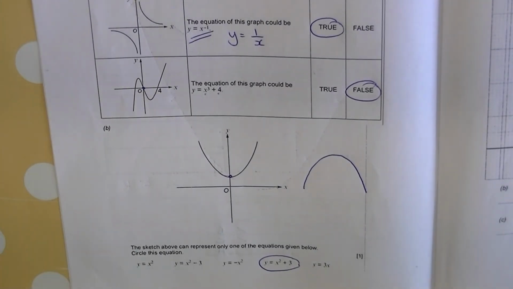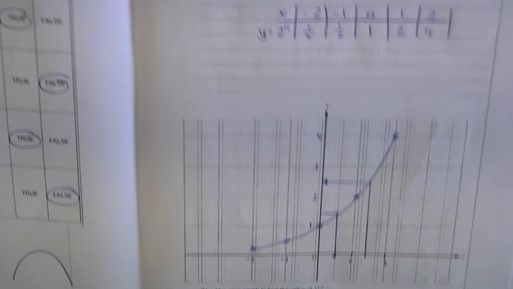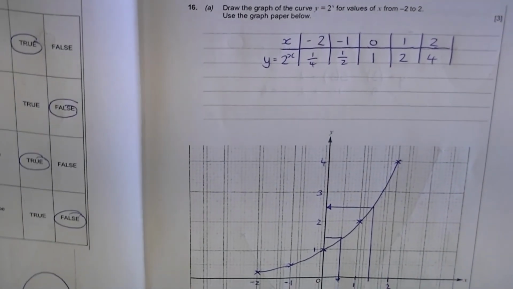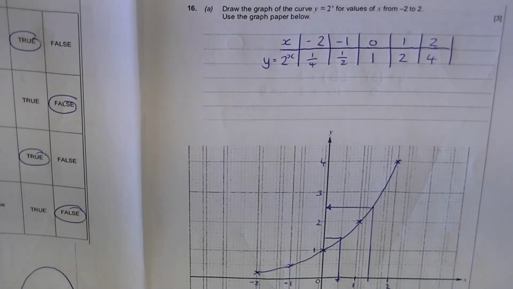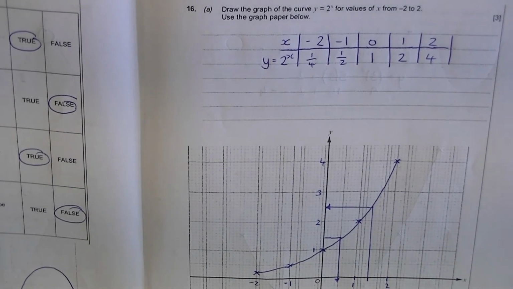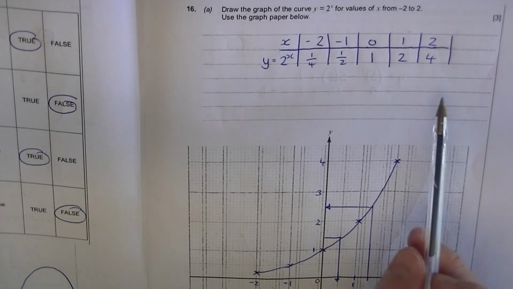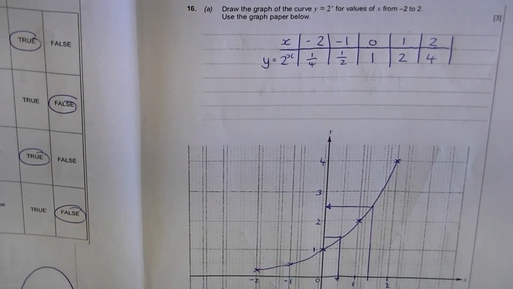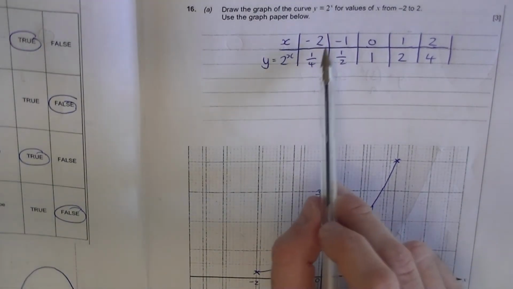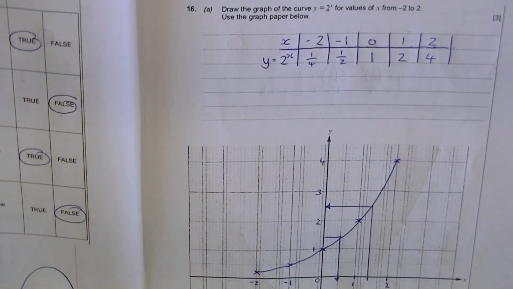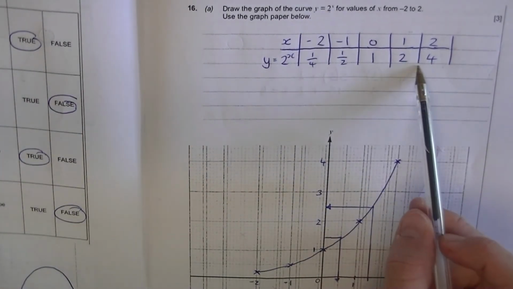Okay, let's start drawing some of these. Starting with this. Here, I've been asked to draw the exponential curve y equals 2 to the power x. Anytime I'm drawing any graph, I draw a little table. I pick some x values off the x-axis, I put them in instead of x into the equation, and I work out the y values that will go with them.